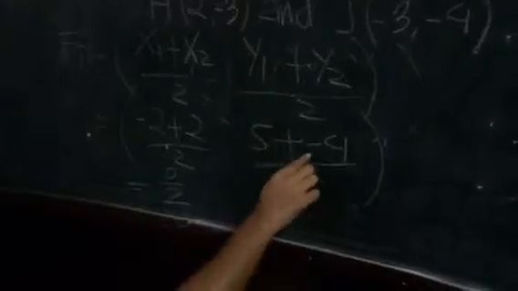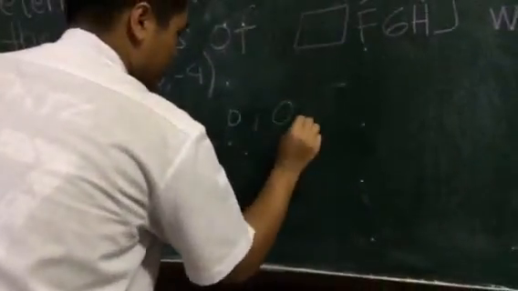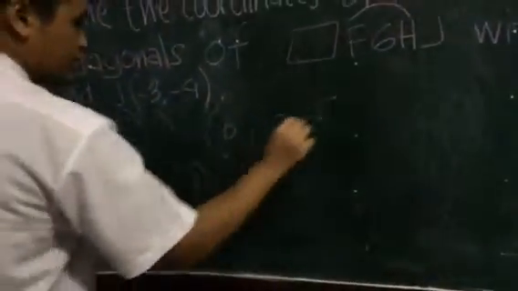And 5 plus -4 is 1, divided by 2. Then 0 divided by 2 is 0, because 0 divided by any number is 0. And 1 divided by 2 is 0.5. So this is the coordinates.